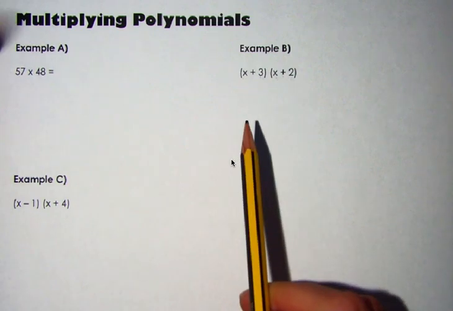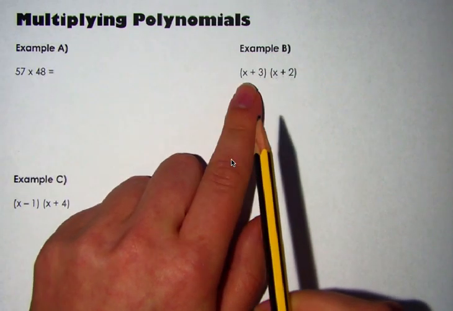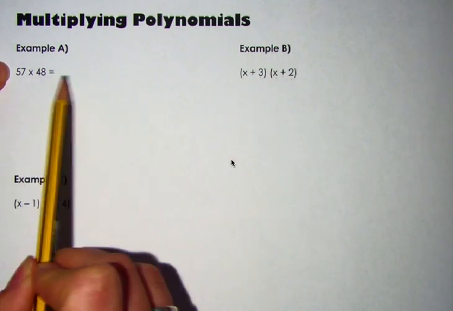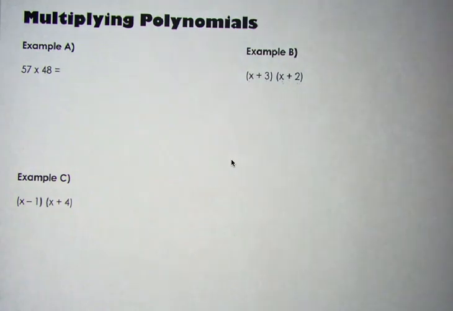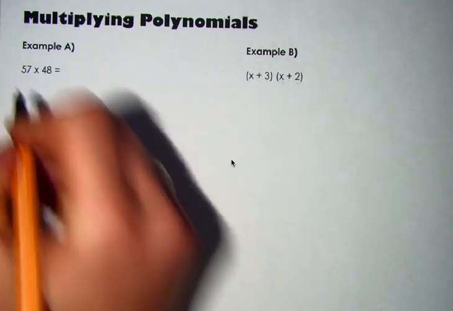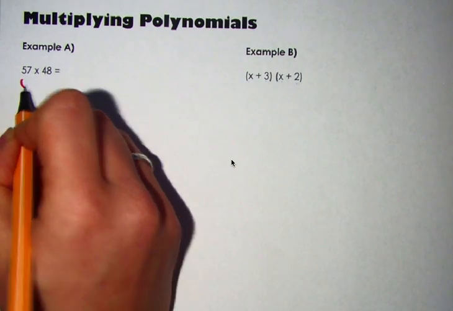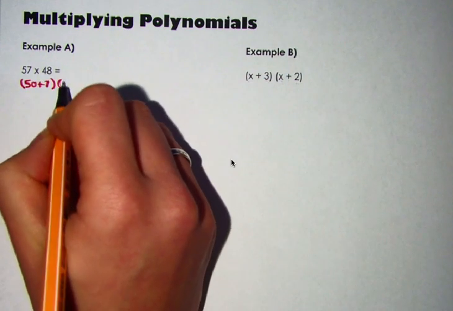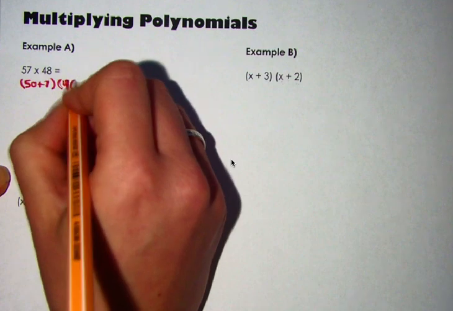So to start off with, before we do our main example, we're going to break this up into a binomial times a binomial, with just regular numbers. 57 can be thought of as 50 plus 7, and 48 can be thought of as 40 plus 8.